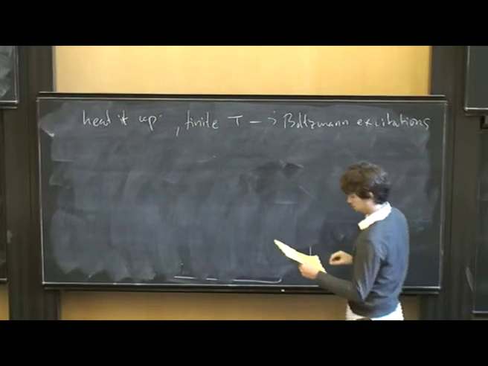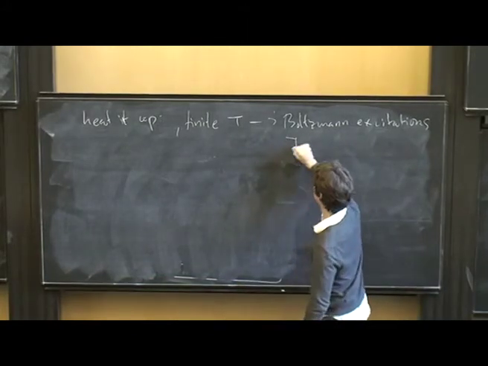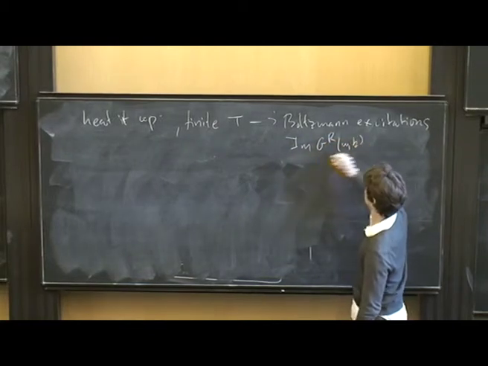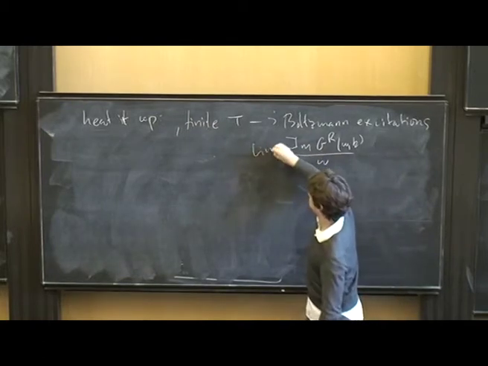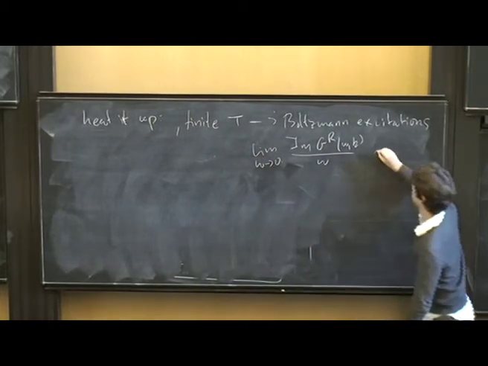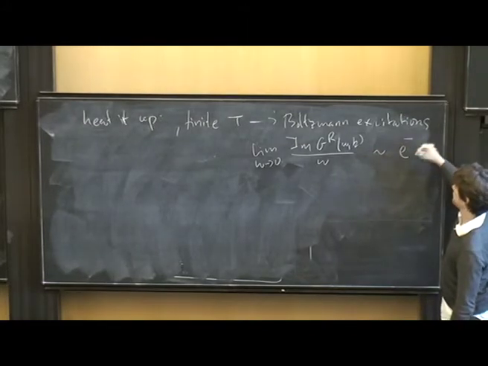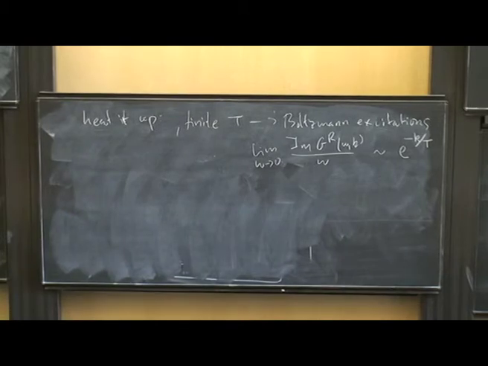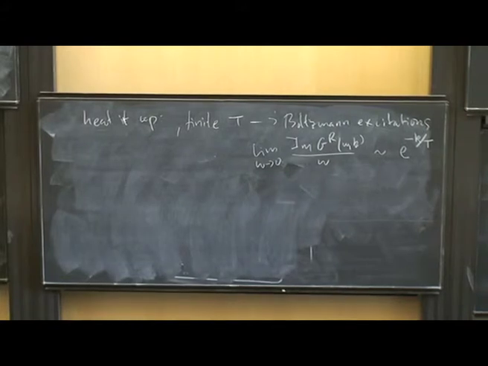Okay, and so what you find is that the imaginary part of the retarded Green's function, in the limit as omega goes to 0, so the zero energy excitations, will go like e to the minus the energy divided by the temperature, which is k in this case, right? Because, assuming they have a dispersion relation, omega goes like k, right? So, again, at finite temperature, your excitations want to be there, but there's a small probability that you'll create spontaneous excitations here, right?